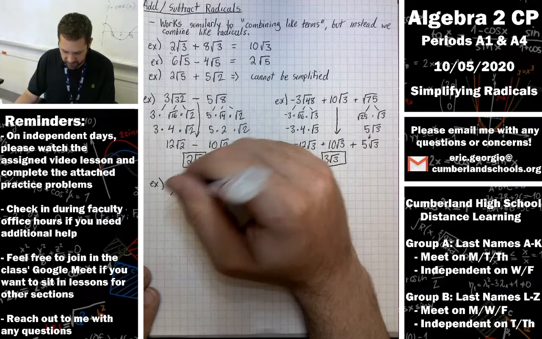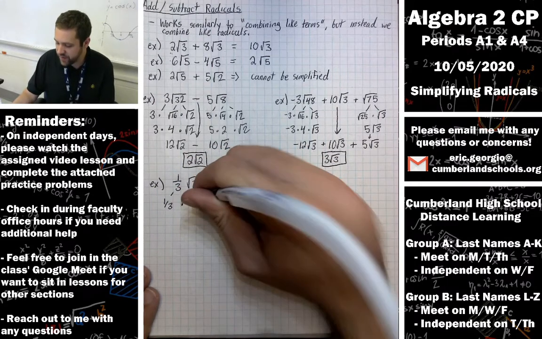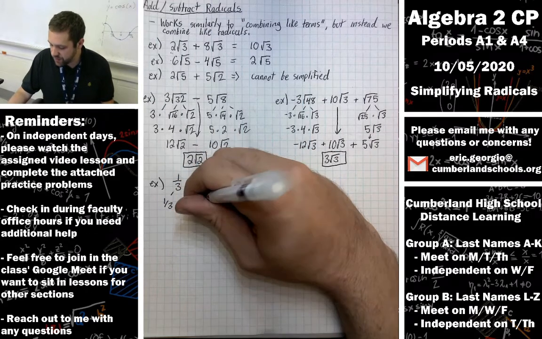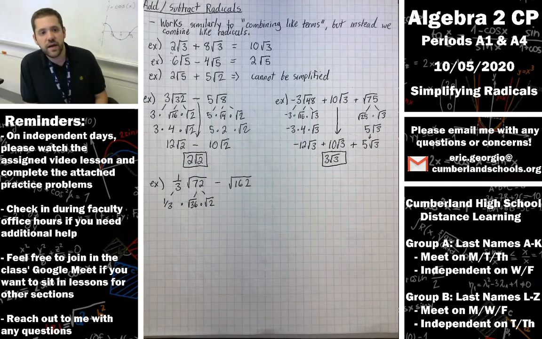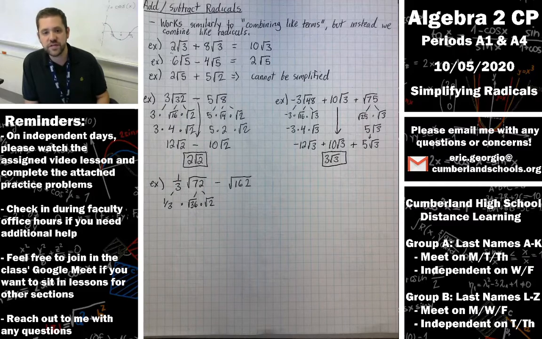We have 1/3 times the square root of 72. That gives us 1/3. It's going to hang on the outside till we simplify the square root of 72. Square root of 72 can simplify down to the biggest perfect square factor, which is 36 times 2. Again, if you did not know that off the top of your head, you can use a calculator to figure that out. And another point worth repeating, it's worth using the square root of 36 versus 9 and 8, like 9 times 8 makes 72.